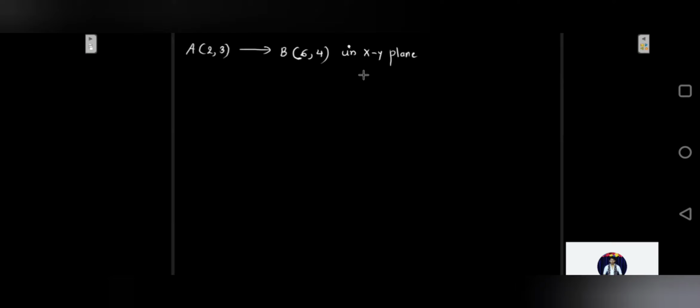Find the displacement vector of the particle in the given interval.